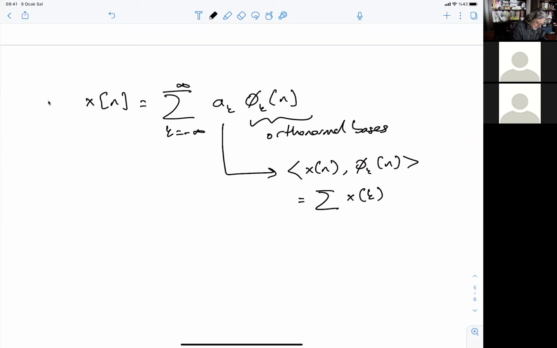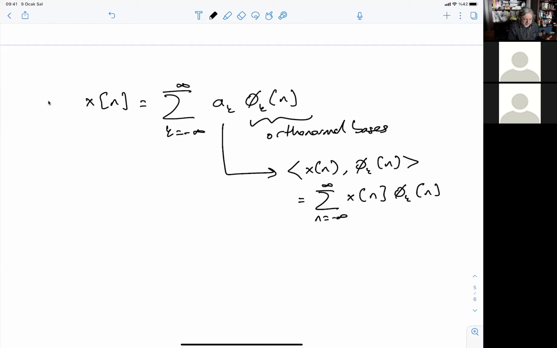And phi_k[n], and then summing up over all n, like this.